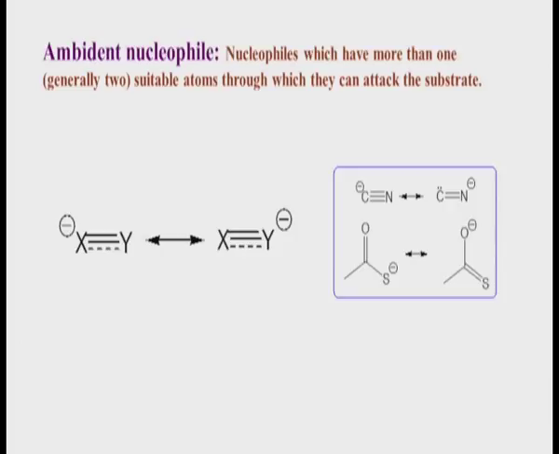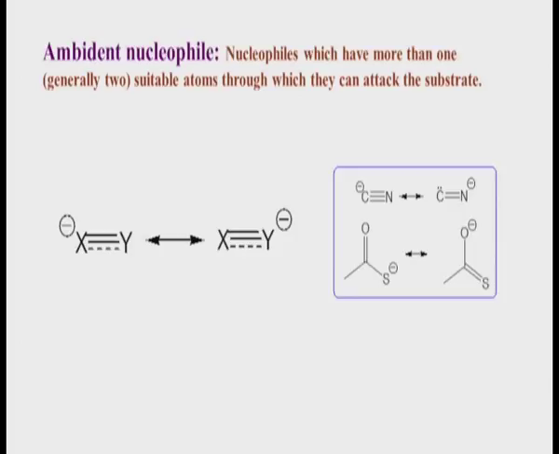It will be very clear if you look at this box, where two compounds are there. One is our preferred one, that is nitrile, C triple bond N, where carbon has the negative charge and is the nucleophile, or C double bond N minus, where another pair of electrons is with this carbon, so the nitrogen has the negative charge.